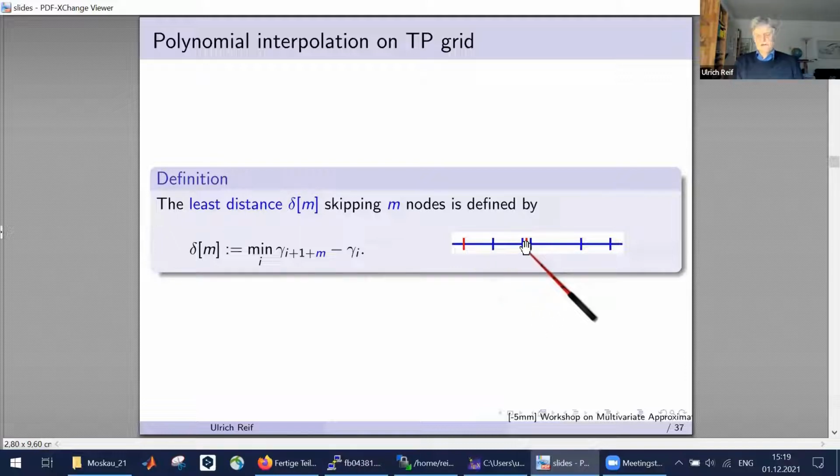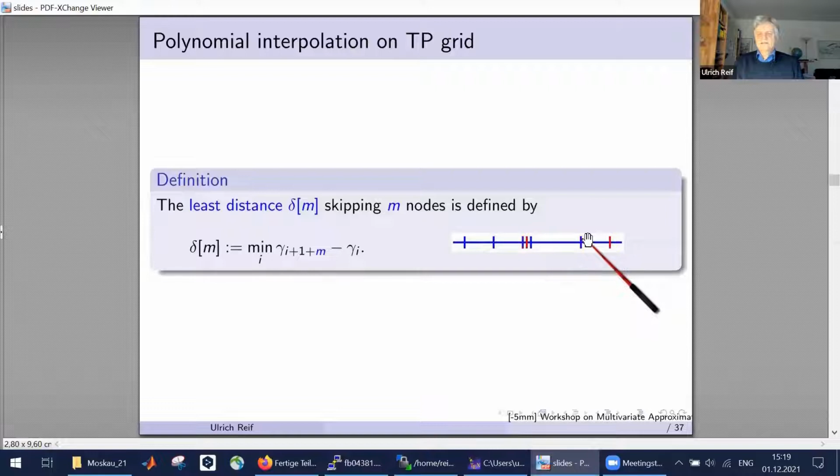So this is one distance skipping 2 nodes, and then I take this one, I skip 2 nodes, and I consider this distance, and now this distance, and this distance, and the least value of this sequence is denoted by delta of m. It's the minimal distance between a node and its m plus first successor. So in this case, if m is greater than 1, this delta of m is not necessarily 0 if 2 nodes coincide.